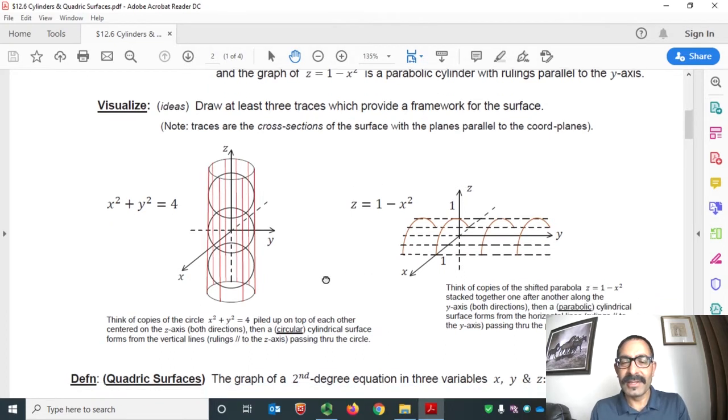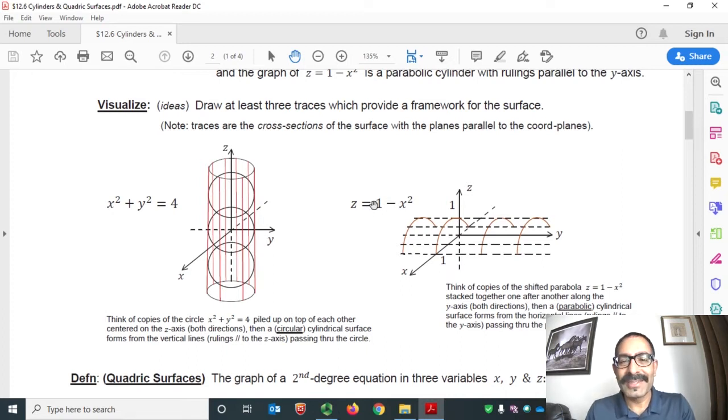Similarly, in the next diagram towards my right side, let's graph z equals 1 minus x squared. So here when x is 0, z equals 1, so that means it crosses the z-axis at 1. So this is a downwards opening parabola. Let's draw at least three traces.